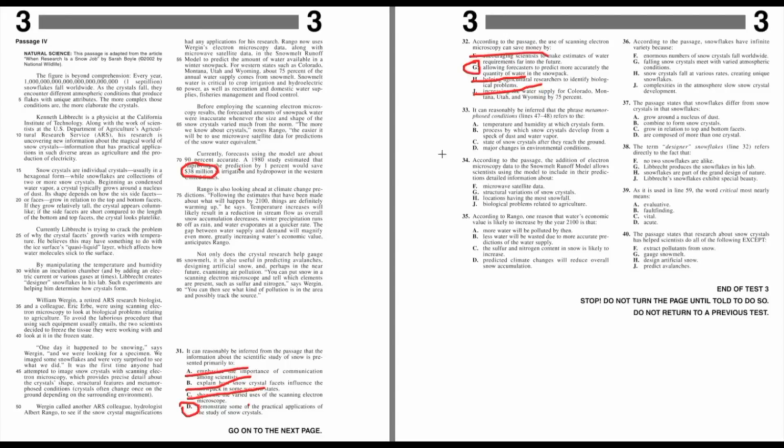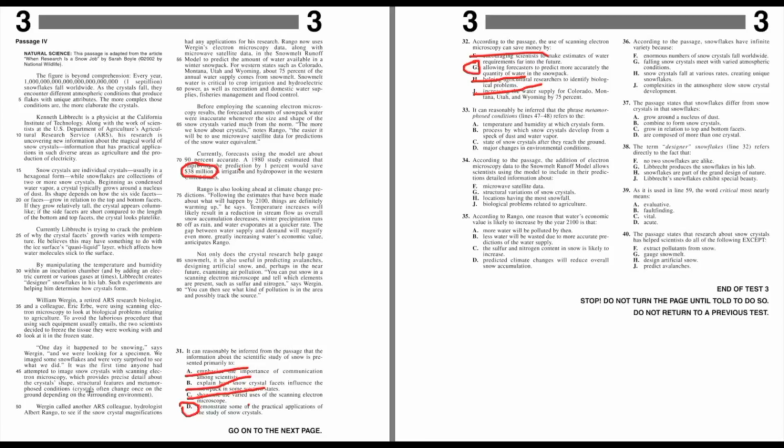Now 33. It can reasonably be inferred that the phrase metamorphosed conditions, lines 47 through 48, refers to... Let's go to lines 47 to 48. Just to give some context, it was the first time anyone had attempted to image snow crystals with scanning electron microscopy, which provides precise detail about the crystal shapes, structural features, and metamorphosed conditions. Then in parentheses, crystals often change once on the ground, depending on the surrounding environment.